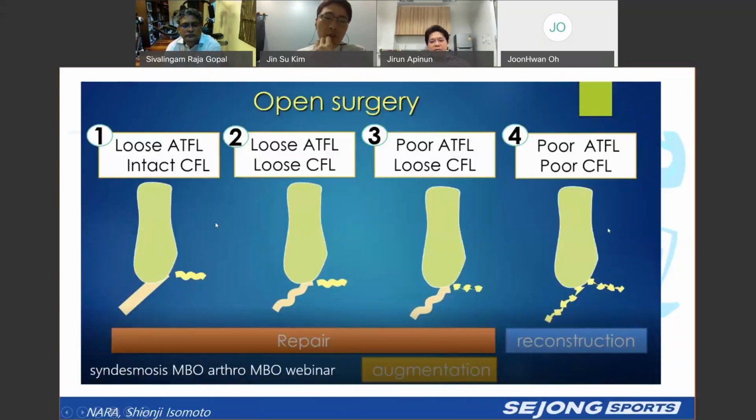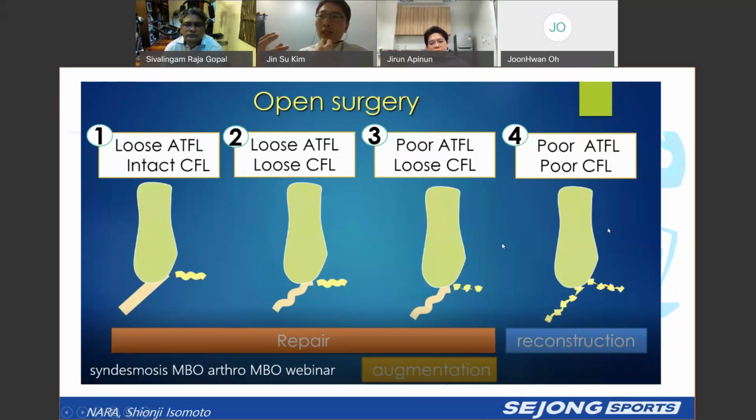Other Japanese doctors have said that the ATFL and CFL are functionally divided. Sometimes just the ATFL is lost, but as we see clinically, sometimes both of them, or just the CFL.